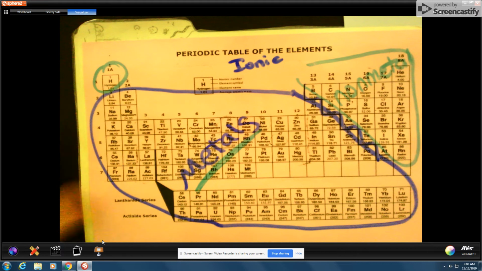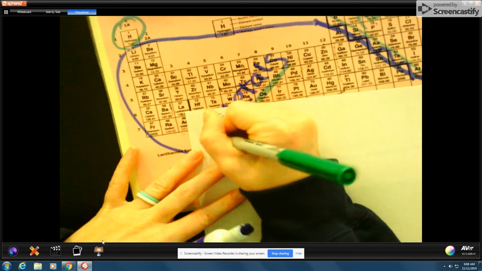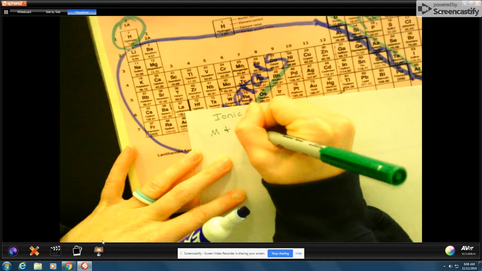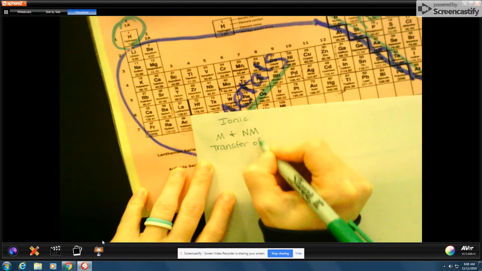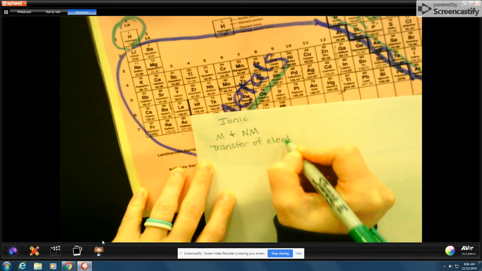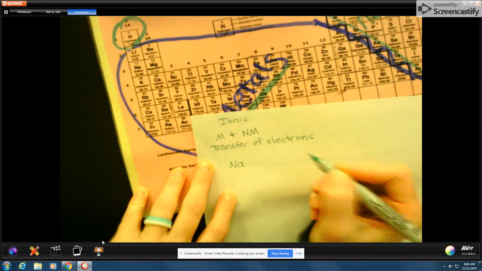Some characteristics of ionics, on top of it having a metal and a nonmetal, is that there is a transfer of electrons. Now in class, we showed this by drawing our Lewis dot or our E dot for it.